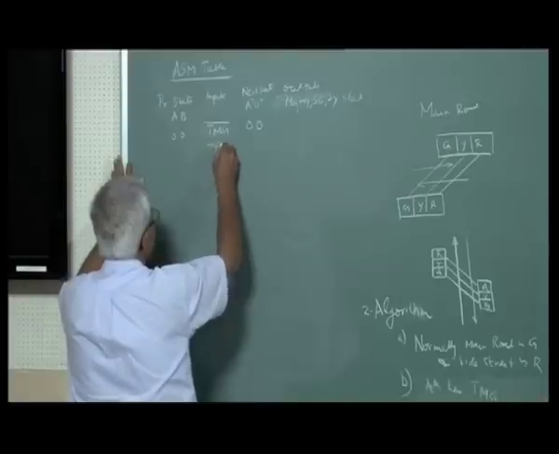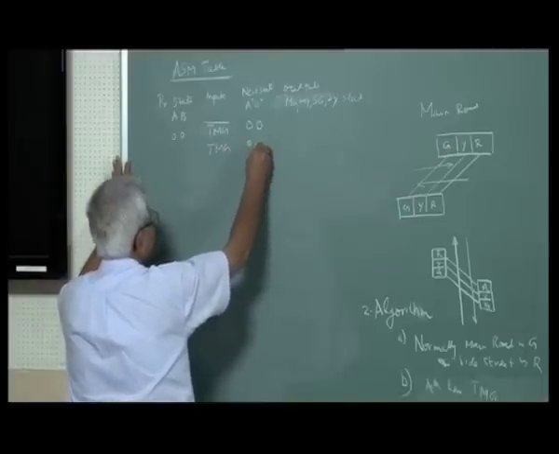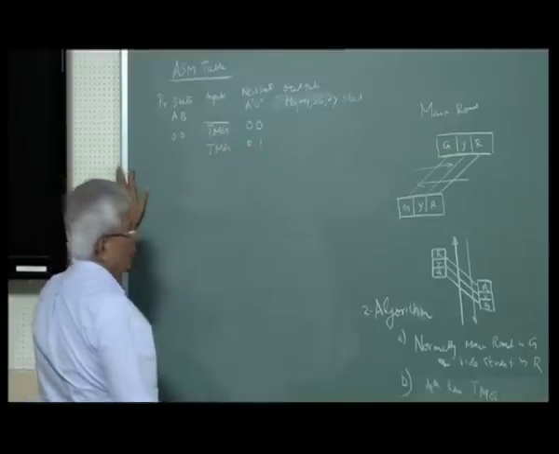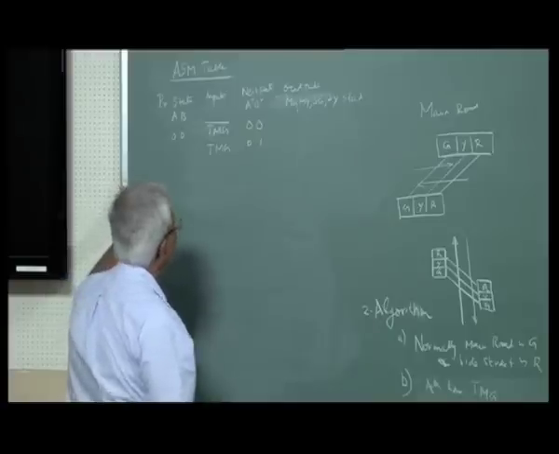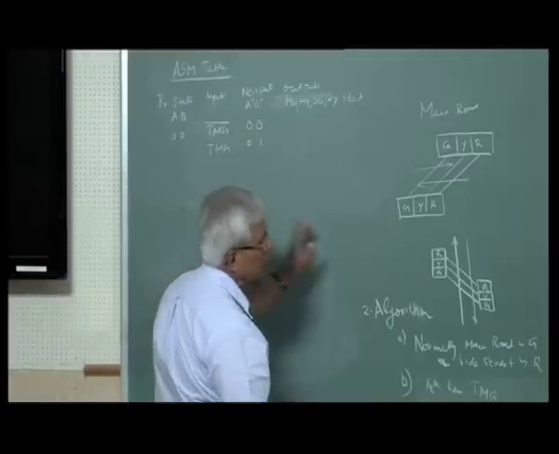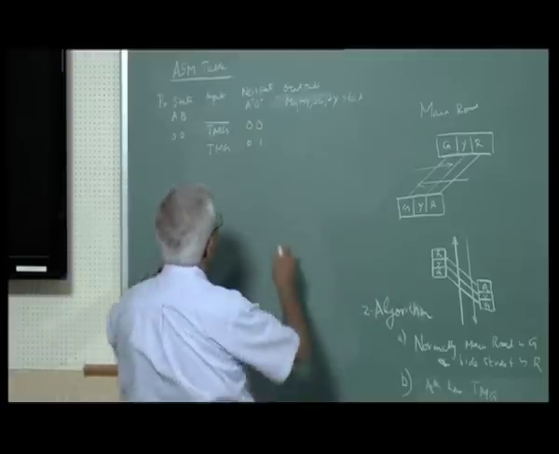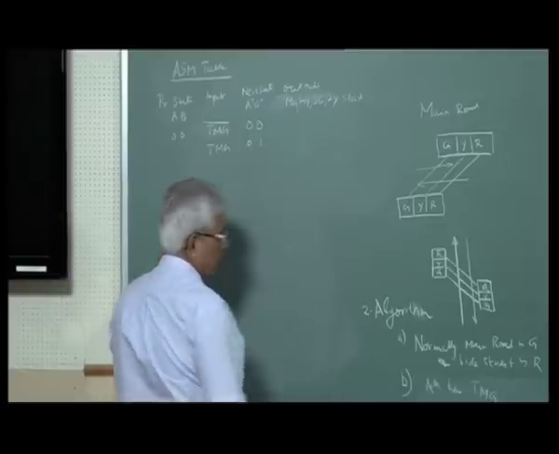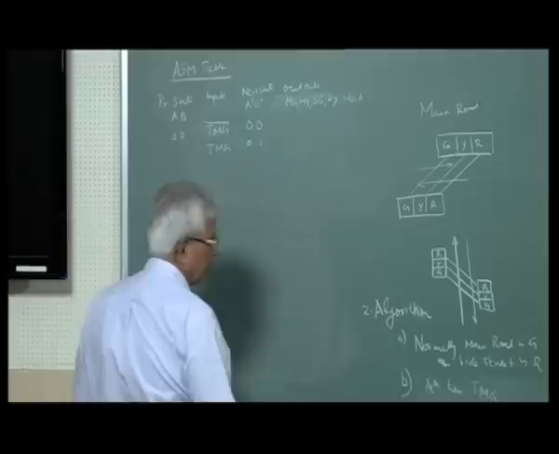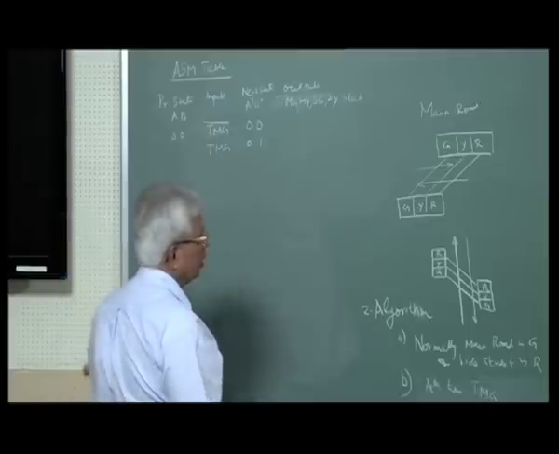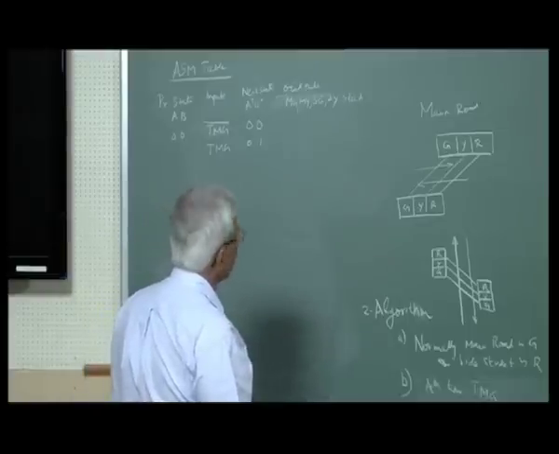TMG is 0 1. What lights are there? MG, SR. MG, SR. So MG is enough.